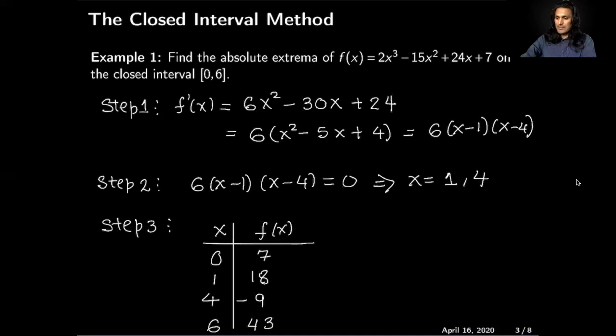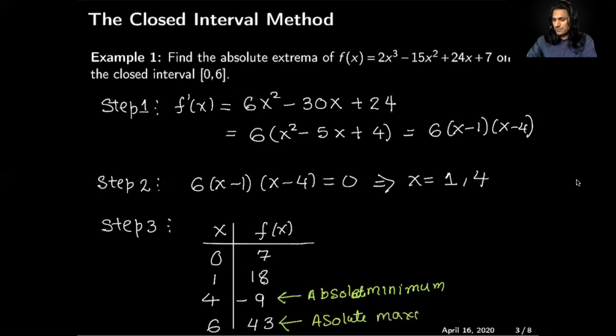So as you can see, this is my smallest value of the function, which gives me the absolute minimum, and that is the largest y value. This gives me the absolute maximum.